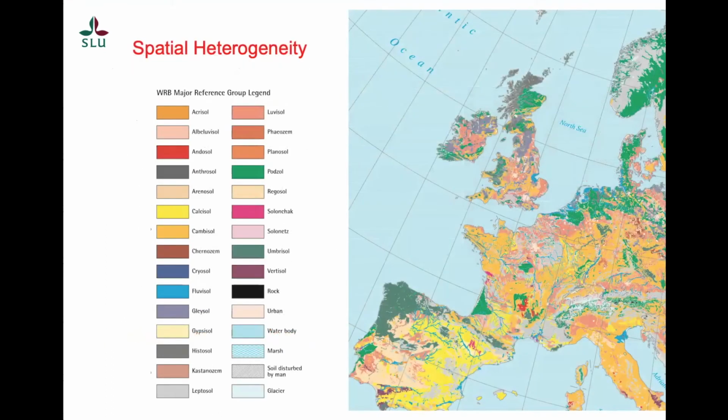And just to give you an idea of the spatial heterogeneity, if we do a pedology study and try to classify soils in all these different forms, depending on particle size, but also the amount of organic material and a variety of other chemical properties, it gives you an idea when you look at a map of Europe of all the different soil types.